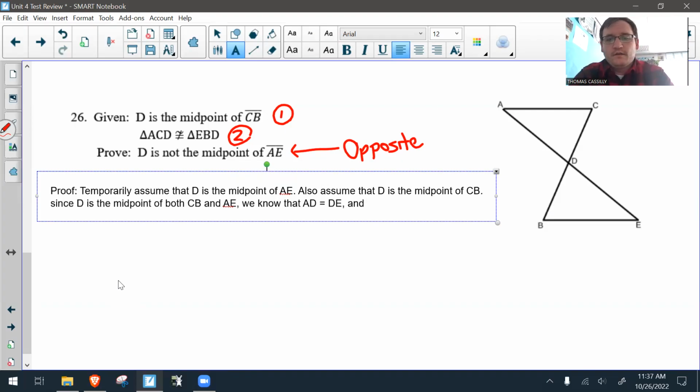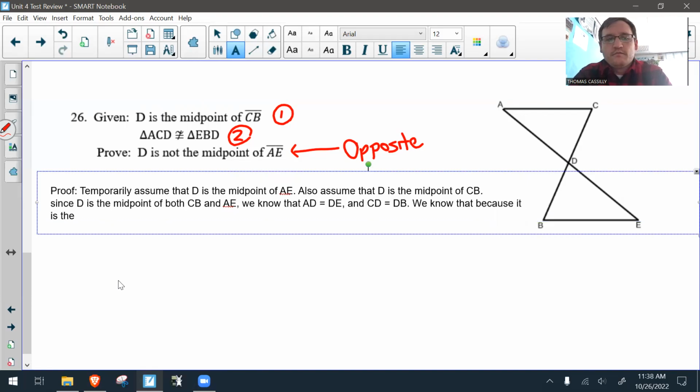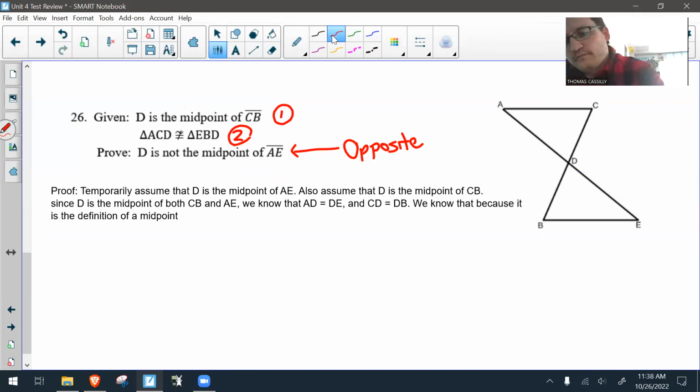We know that AD is congruent to DE and CD is equal to DB, since it's the midpoint of both of those segments. We know this because it is the definition of a midpoint. A midpoint makes two congruent segments. So let's go ahead and mark that on the picture.